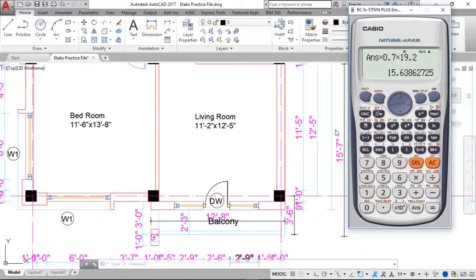So now we store this value in alphabet A. We go down, and after that we multiply by 15 feet and 7 inches, 15 plus 7 divided by 12, times 12 feet and 5 inches, 12 plus 5 divided by 12, divided by 10.76. Okay, so we hit enter. So it's 0.8696 kilonewton per meter square, right?